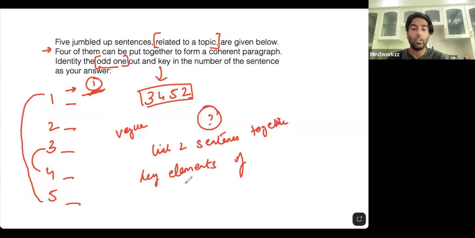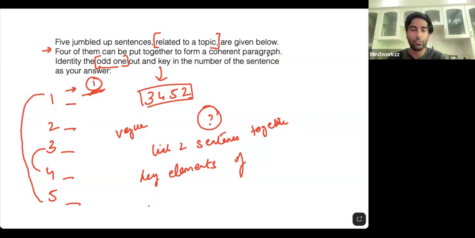But the idea which that odd sentence is trying to set will be completely unrelated or different. It could be related, but it would be different from what the other sentences are trying to do, right? And oftentimes you'll find that the sentences are actually taken from the same source.